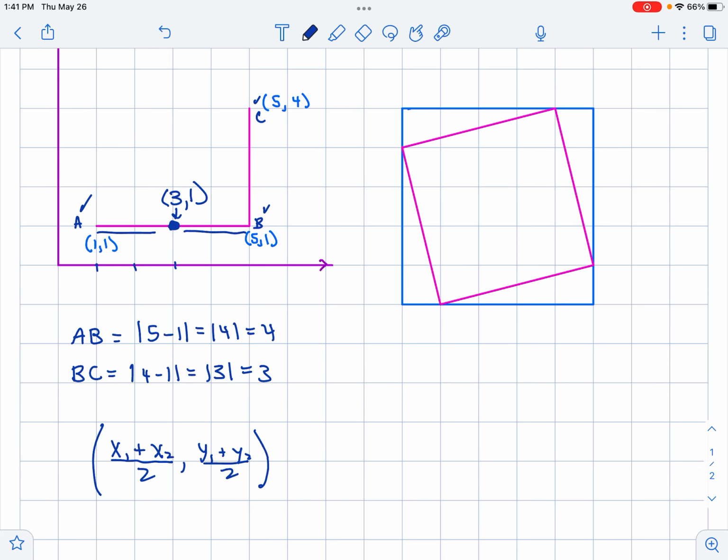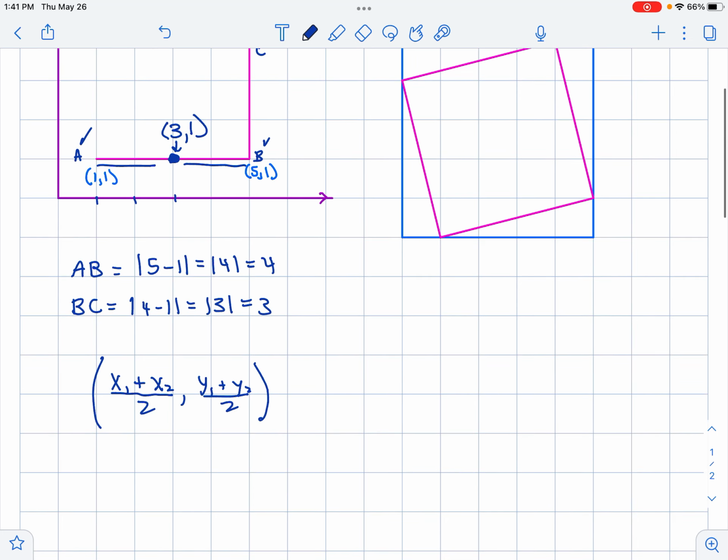Okay. So in this particular one, let's average the x's. We've got 1 plus 5. We're going to get the average value of the x's, and then the average value of the y's. Okay, so here's what we have.